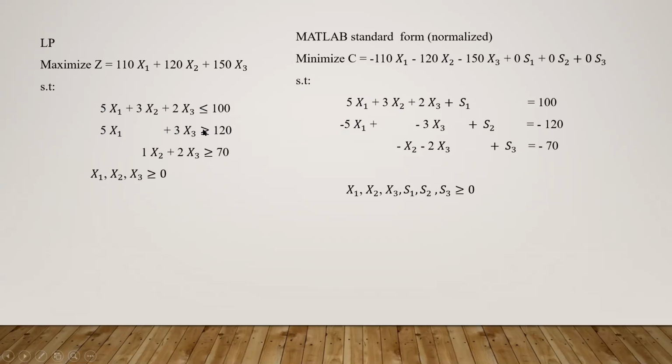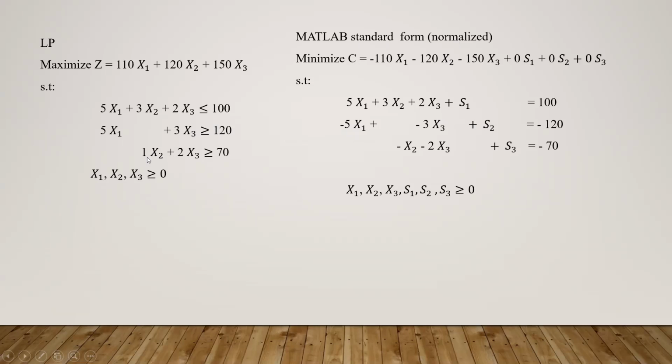Because right now my constraint is less or equal, I can just add s. Originally, if we want to solve it using the simplex method, we should subtract s and add an artificial. For the normalized form for MATLAB, you should only add a slack variable because it became less or equal. And the same thing applies here.